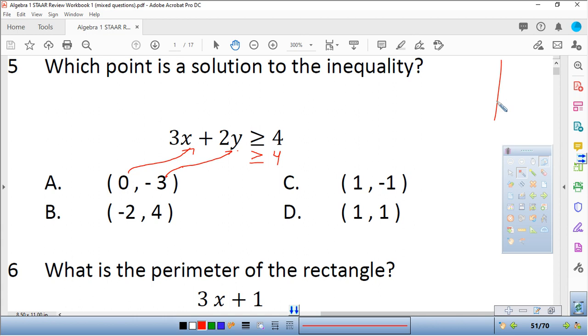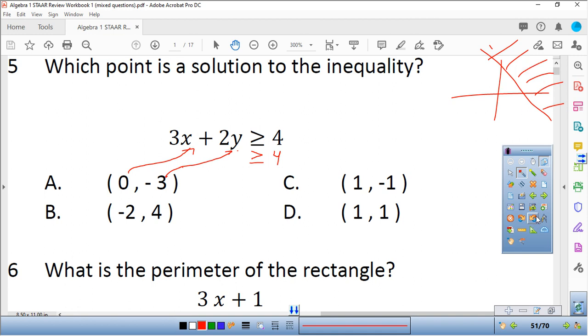It's basically saying this. I'm going to say the line goes something like this, and it's shaded on this side. Which of these points is over here? Actually there's one here and there's 3 that don't fall on the shaded side.